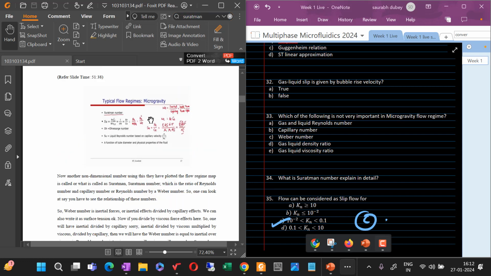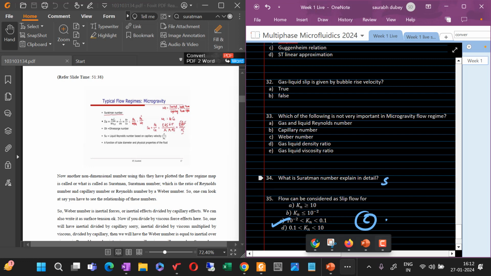So with that it becomes Reynolds number squared divided by Weber number, which is the Suratman number. So the Suratman number is the liquid Reynolds number based on capillary number, equal to Reynolds number divided by capillary number. Now everything will be relatable with that.